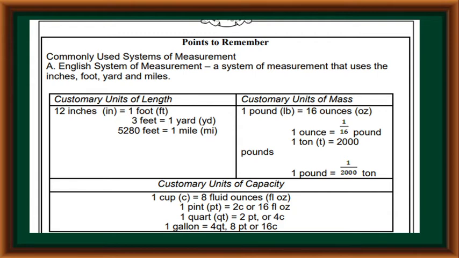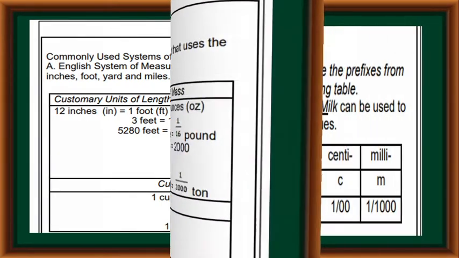In the units for mass, we have pound, ounce, ton. And for capacity, we have cup, pint, quart. And of course, we have also ounce. Okay, so these are the table used in converting one unit to another in the English systems of measurement.